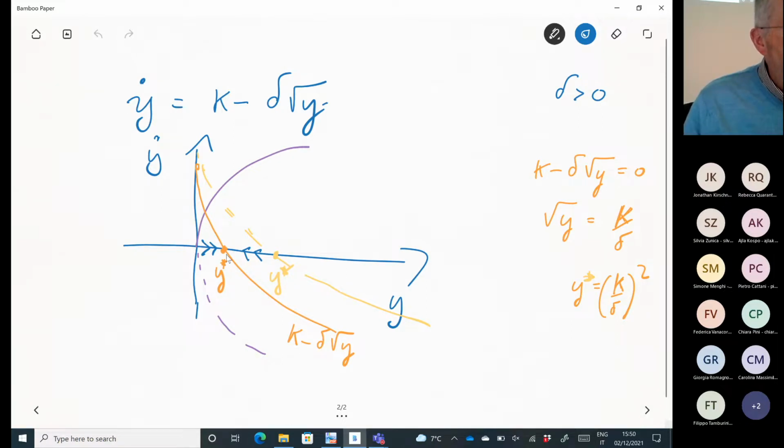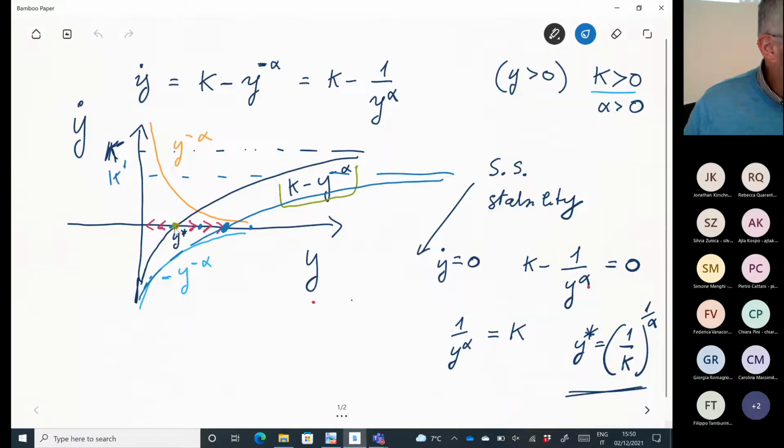Stable steady states are the long-run outcome of a system, okay? If you look at the long run, this will be the final situation. Unstable steady states do not represent the long run outcome of a system, because unless you start exactly at the steady state level, the system will move away from the steady state, okay?